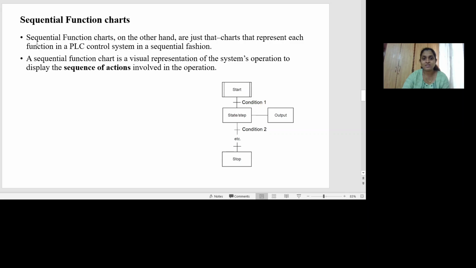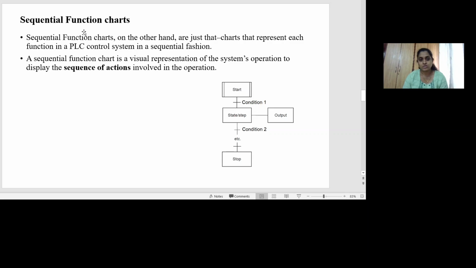The step contains the input actions which are to be programmed. Here the actions depend upon the decision. And for making a decision, I can use a timing method, or I can take the decision based on the physical state of an equipment.